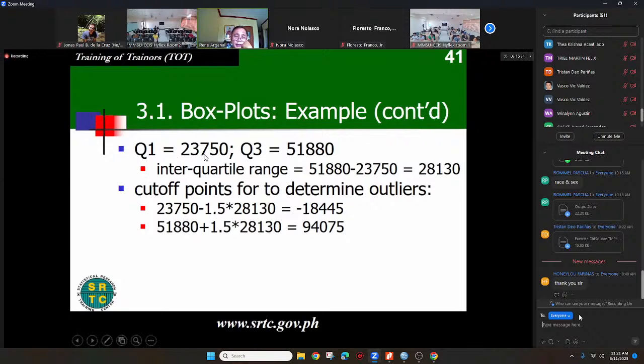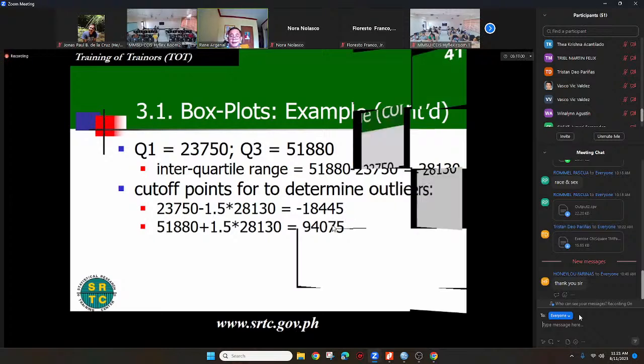It's given here that Q1 from the data set is 23,750 and Q3 is 51,880. And IQR, Q3 minus Q1, is 28,130. And then using our formula, Q1 minus 1.5 IQR, we have negative 18,445.